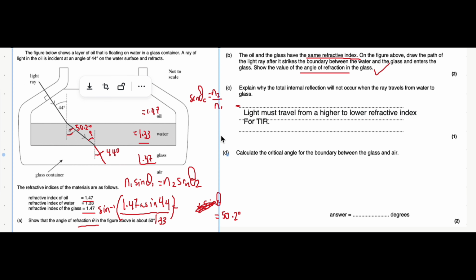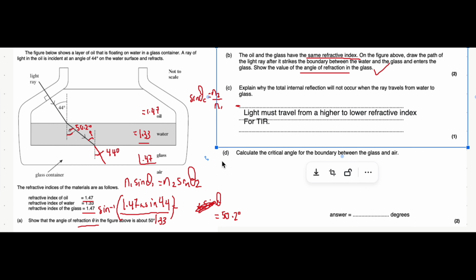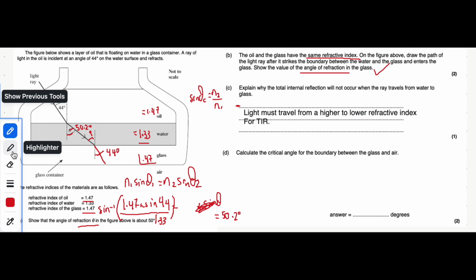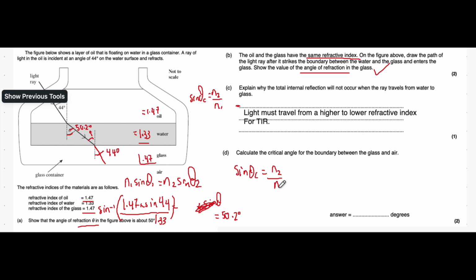And now we're going to talk about this part D of the question, calculate the critical angle. So that's where we use that formula that I was just mentioning. Where's the highlighter tool? Yeah, there you go. So because we're looking at the boundary between glass and air, it's going from glass to air.